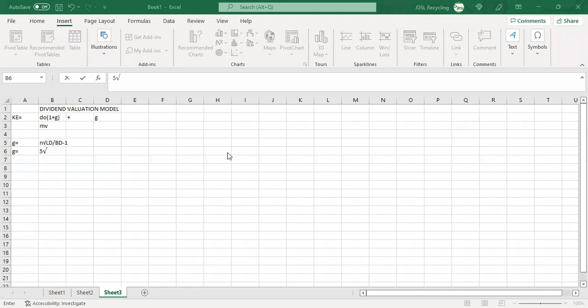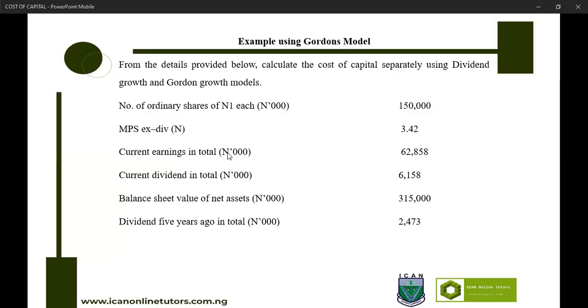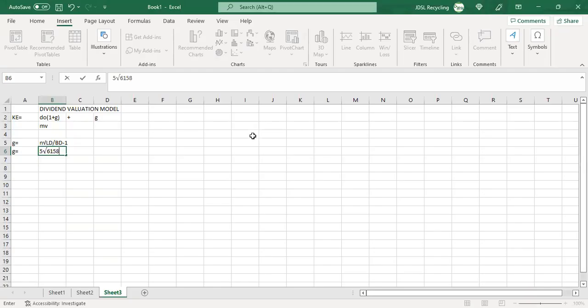So the current dividend is given as 6158, and the base dividend is given as 2473. 6158 divided by 2473. Is that correct? Minus 1.